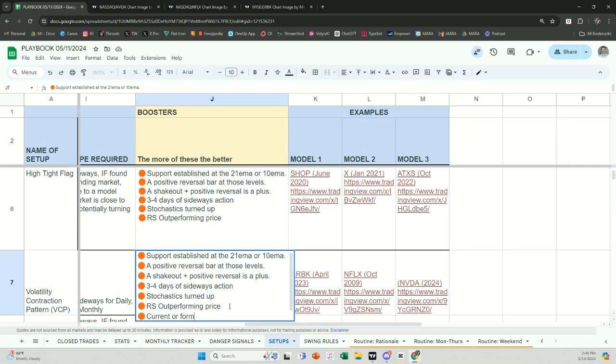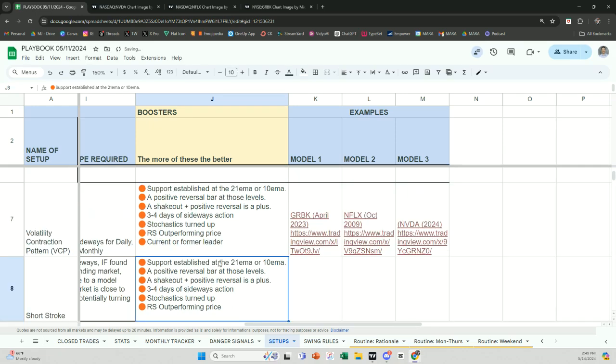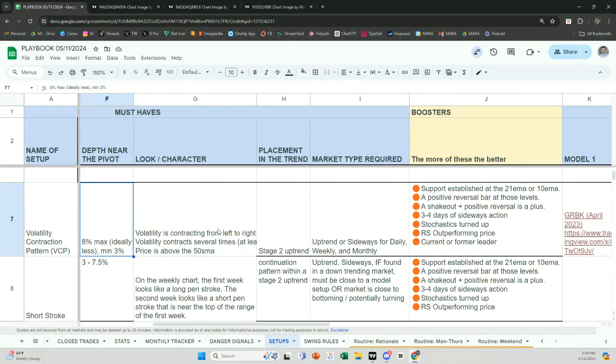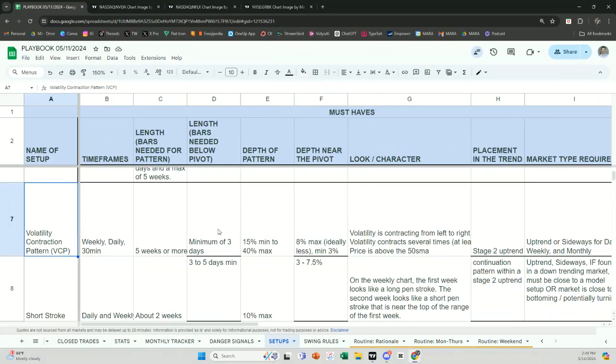And for you, there's no booster related to volume? Well, it should have volume declining. That was a must-have. Okay. And the volume increase on the breakout?